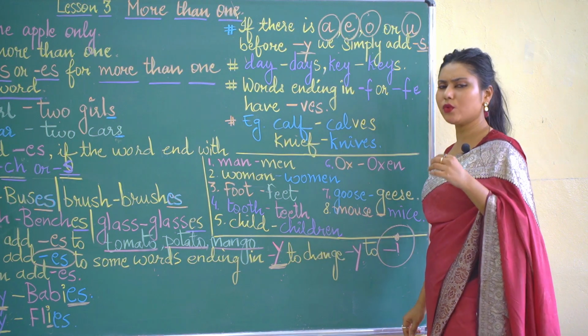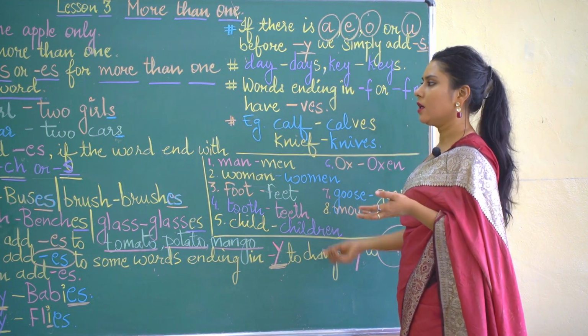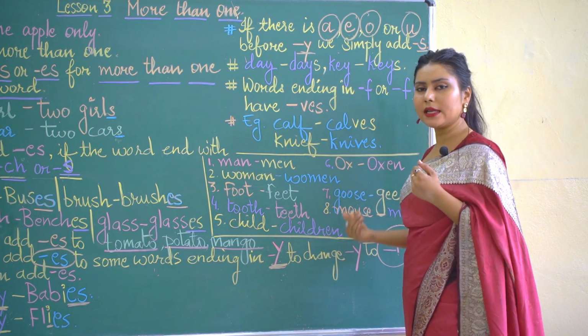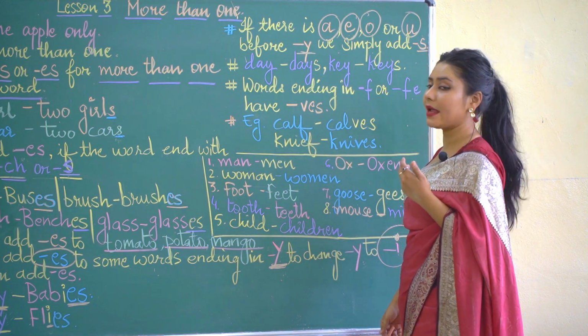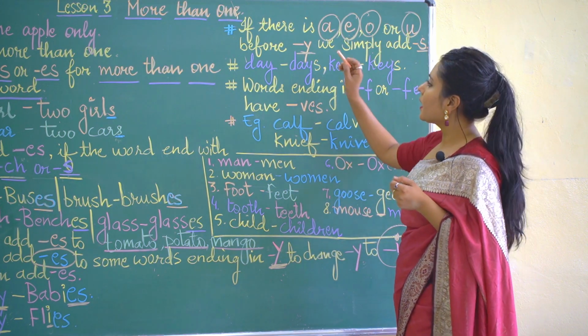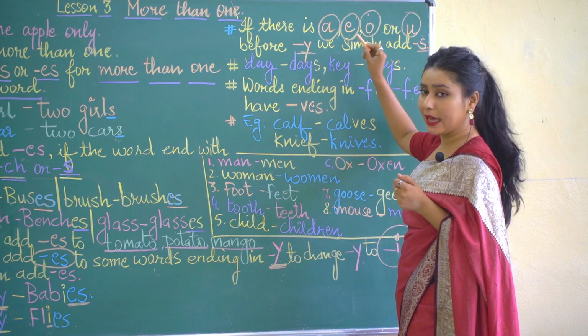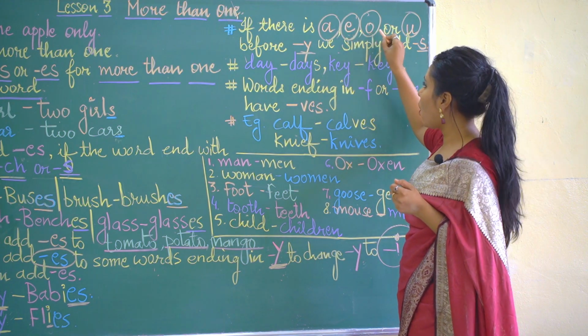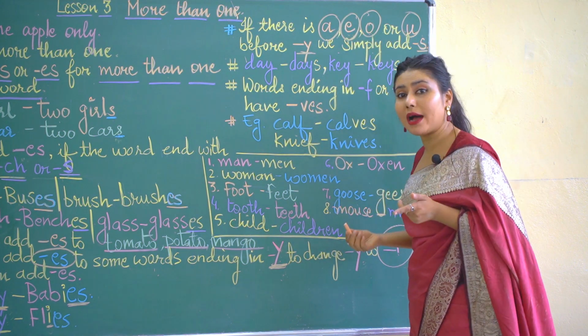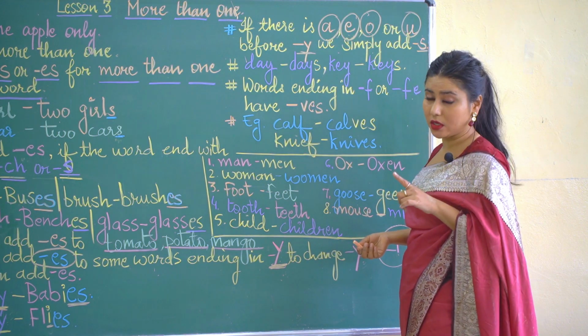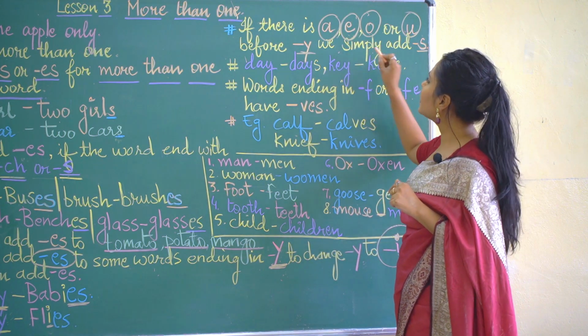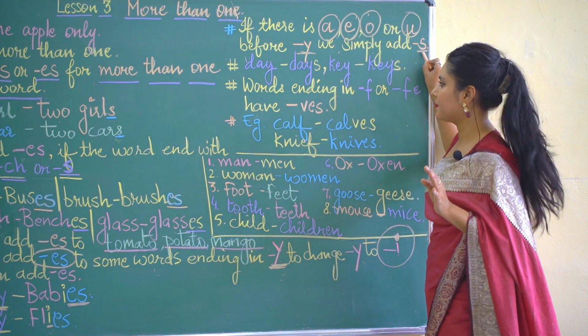These rules you have to go through once or twice to let them settle in your heads and to understand when to apply what. Again, if there is A, E, O or U before Y, before, not after, before Y, you will simply add S.